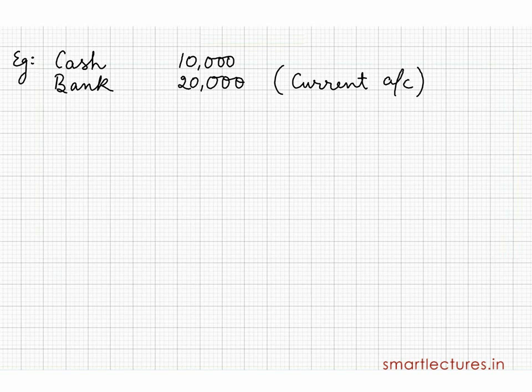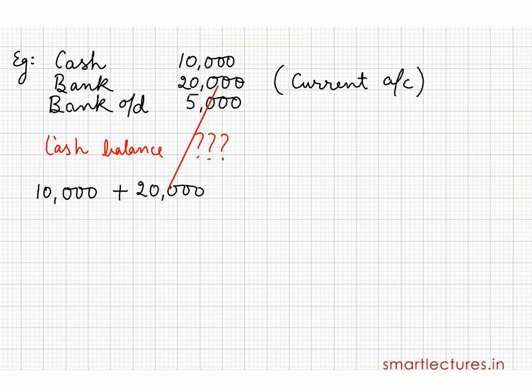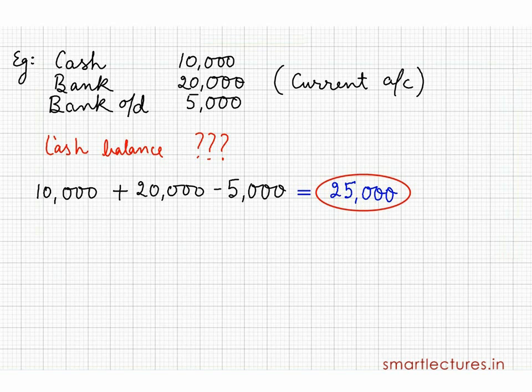You cannot operate your transactions through any savings account. And in another account, in the same bank or another bank, you have got bank overdraft of rupees 5,000. So what is the exactly cash balance with you at this moment? That is 10,000 plus 20 is equal to 30 minus 5, 25,000 rupees. So you can say that at present my cash and bank balance is 25,000 rupees, not 30,000 rupees.